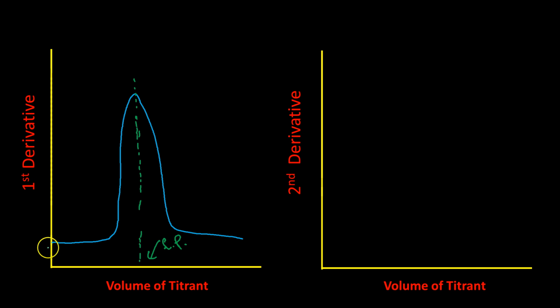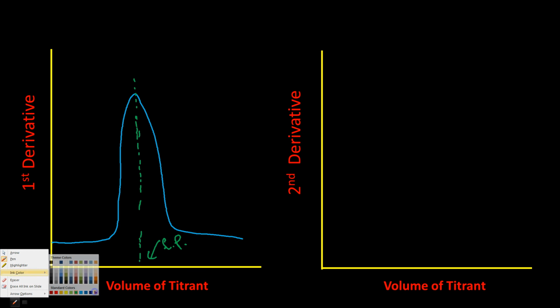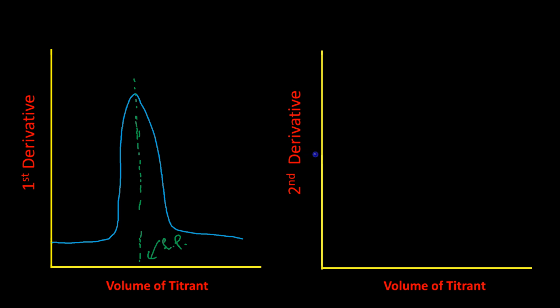The other way to do this is to do a second derivative plot of this. In this case, we end up with something that looks a little bit different, right? The second derivative plot is centered around 0, and you get a plot that looks a little funky, and it kind of shoots up, and then back down, and then back to 0.